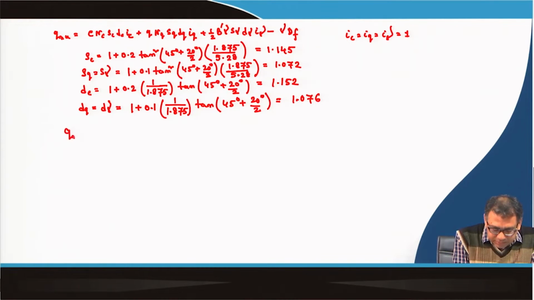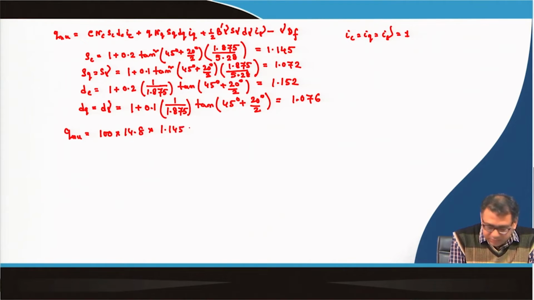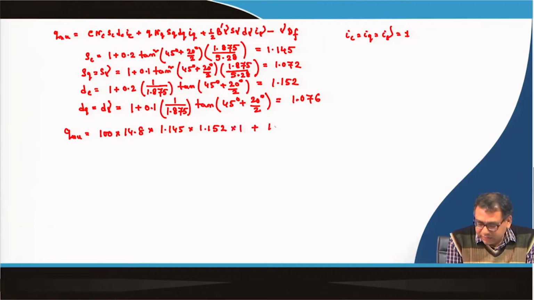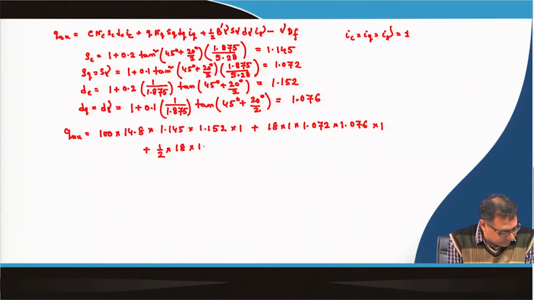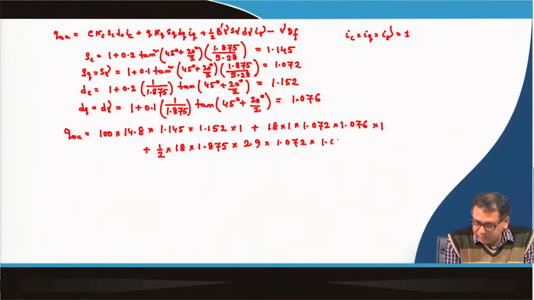Okay. So, net ultimate bearing capacity, which is equal to 100 into 14.8 into 1.145 into 1.152 into 1, plus 18 into 1 into 1.072 into 1.076 into 1, plus half into 18 into B dash, which is 1.875, into 2.9 into 1.072 into 1.076 into 1, minus 18 into 1.